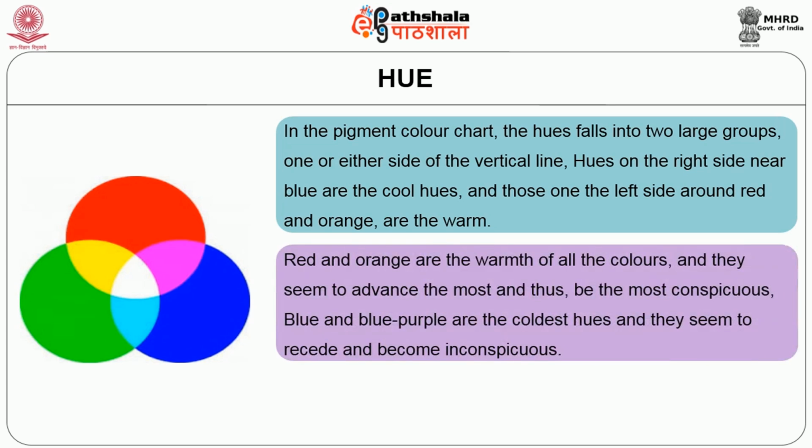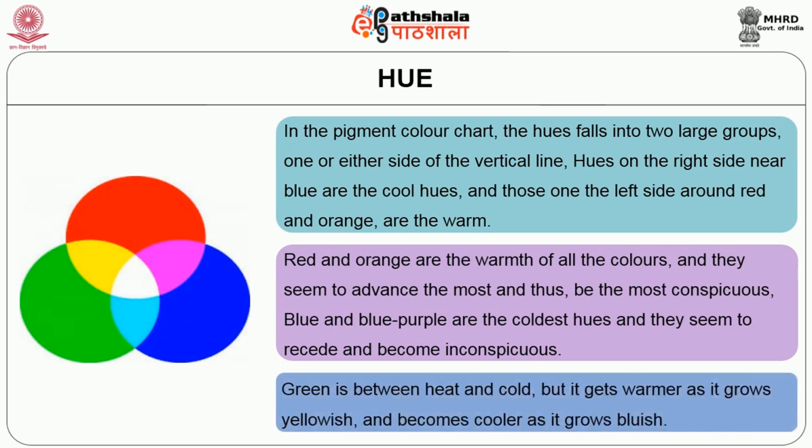Red and orange are the warmest of all the colors and they seem to advance the most and thus be the most conspicuous. Blue hues and blue purple are the coldest hues and they seem to recede and become inconspicuous. Green is between heat and cold, but it gets warmer as it grows yellowish and becomes cooler as it grows bluish.